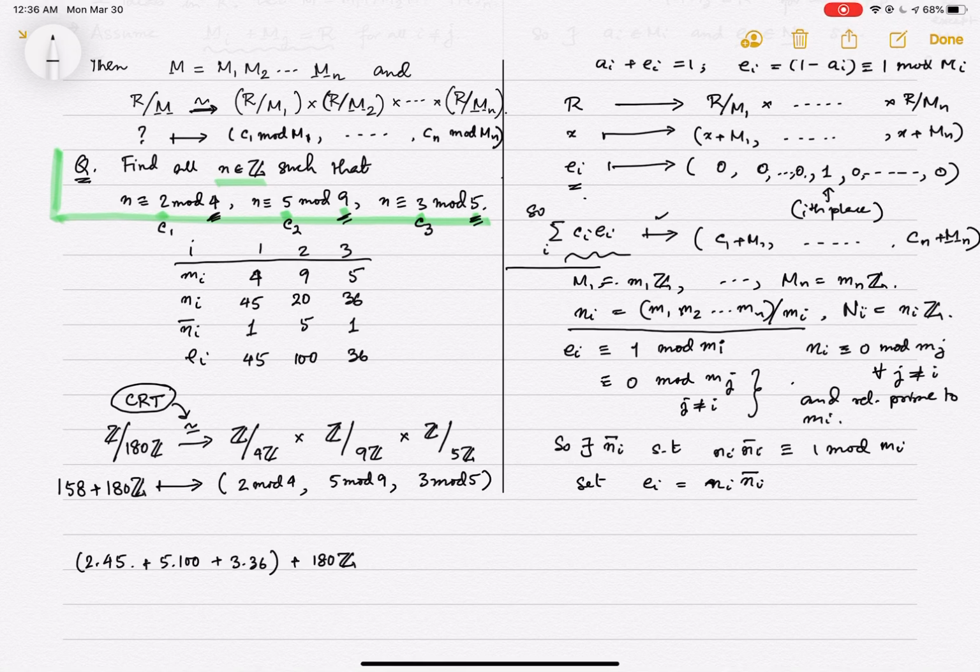So 158 is a number which when you divide by 4 leaves remainder 2. When you divide by 9 it leaves remainder 5, and when you divide by 5 it leaves remainder 3. You can check that. And all such numbers is given by that plus any multiple of 180. So that's our answer.